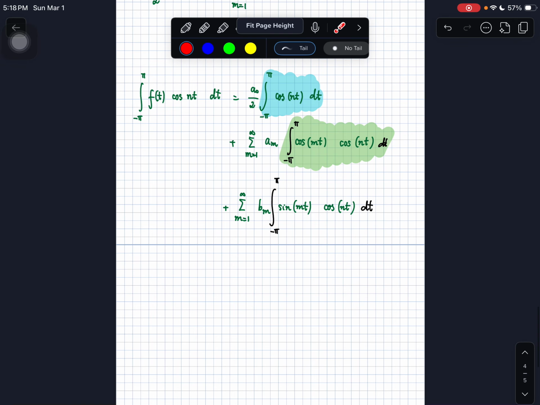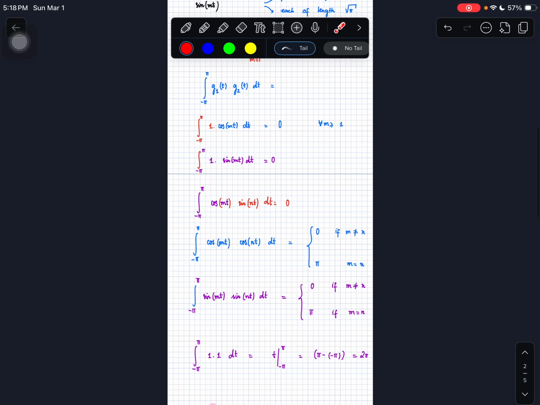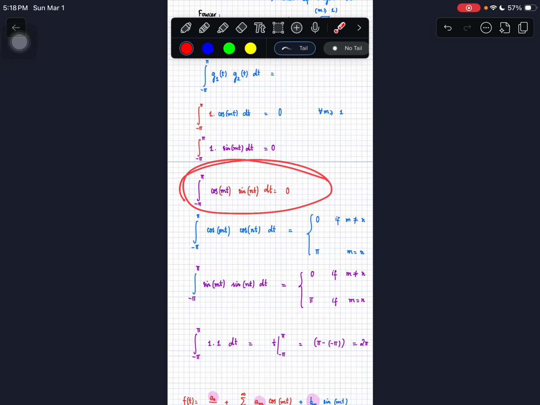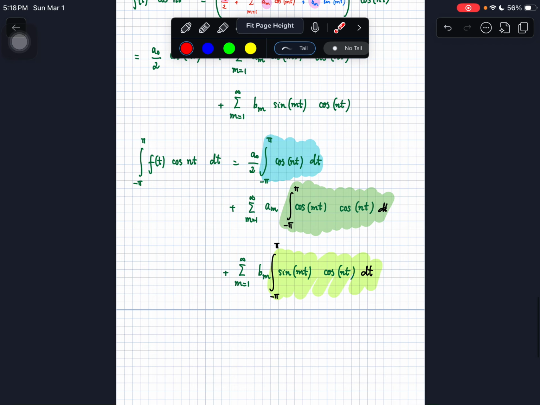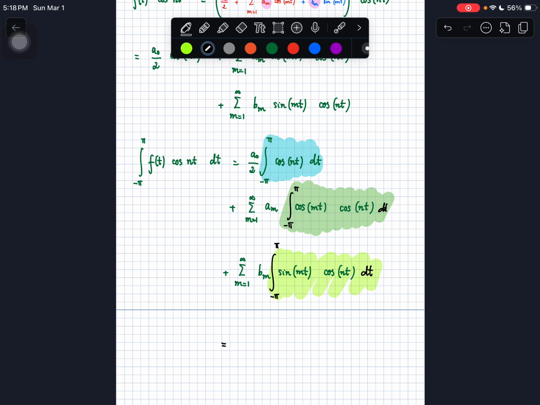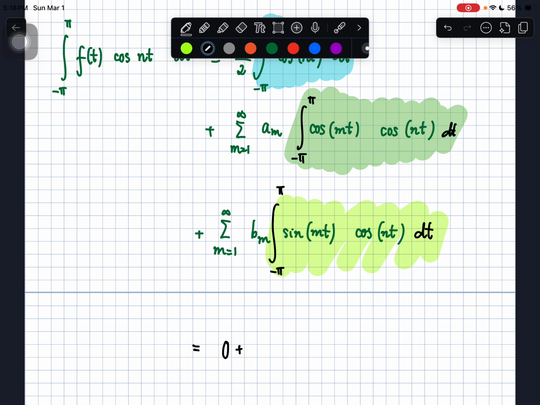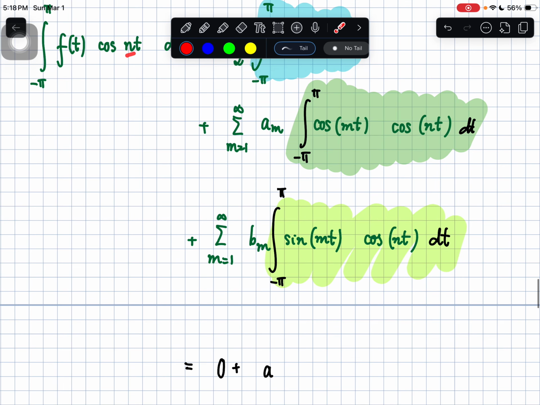And for the last terms, this one will always be 0 because sine and cosine are orthogonal. So the integral here is 0. So these terms are always 0. 0 plus only one term that is non-zero, when m equals n. Let's say an, because I use n here for the left, so I keep an.